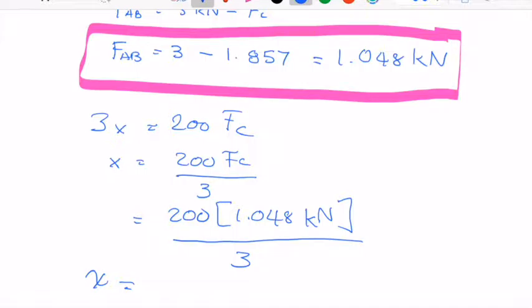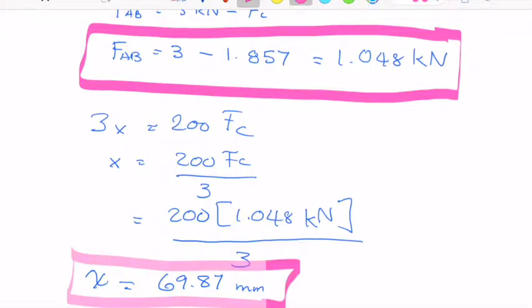It's 200, 1.048 times 3 divided. So I have my x at 69.87 millimeters. So this is my position of X.